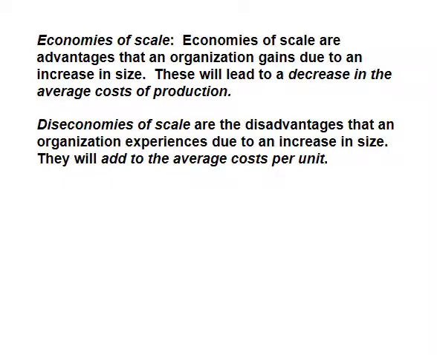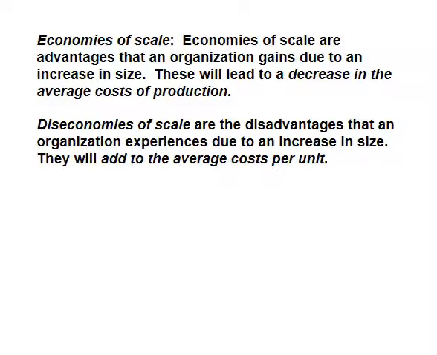Now, the notion of economies of scale and diseconomies of scale. This sometimes confuses students, but economies of scale really is nothing more than this: as you get bigger and produce more and more, your average costs decrease because you are getting certain advantages by being larger. Diseconomies of scale, in essence, are the opposite.